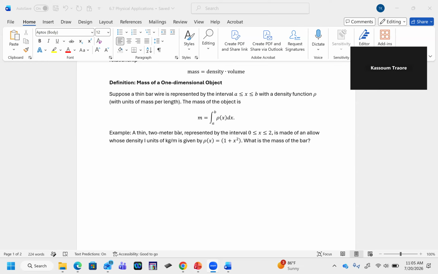What is the mass of the bar? Density in unit, okay?